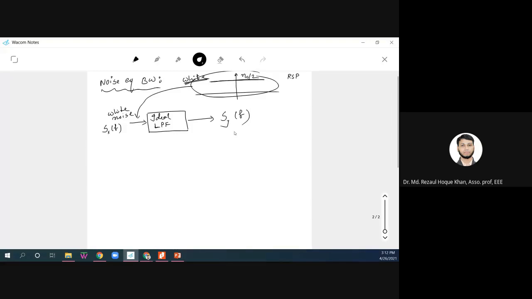If you give it here, our aim is to find the expected value of the noise, or the average power, whatever, average power.